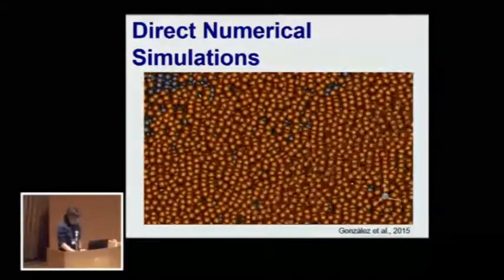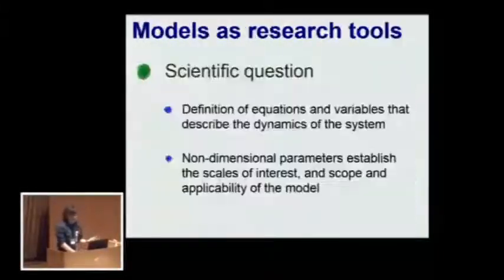Okay, so when we look at models as research tools, I would like to emphasize that the most important thing is not the model but the scientific question. Once we understand that, once we know what we want to learn, it's obvious that we can define the equations and the variables to describe the dynamics of the system.